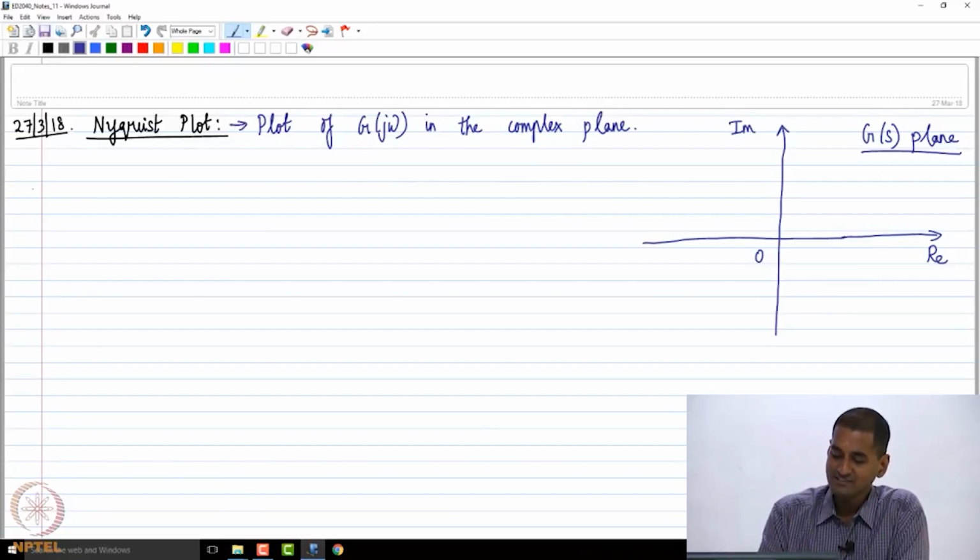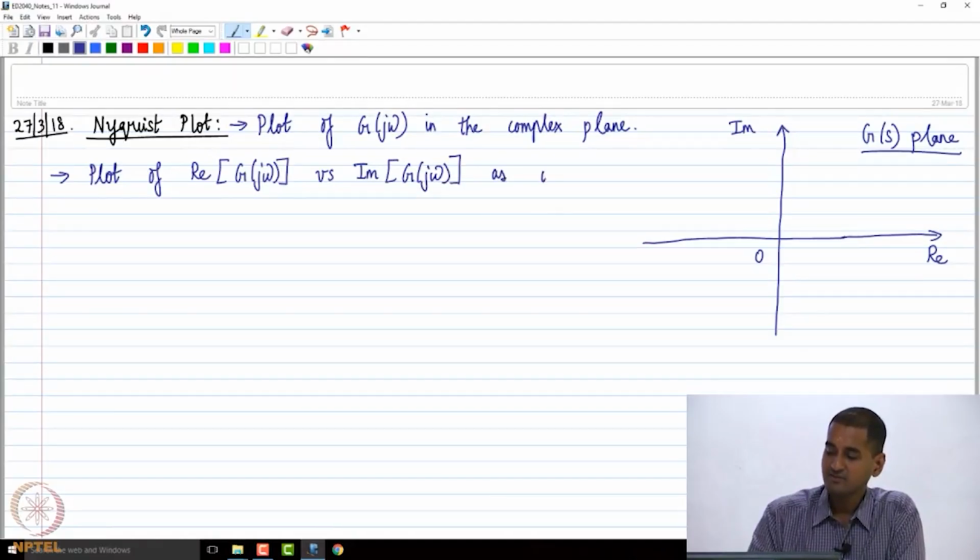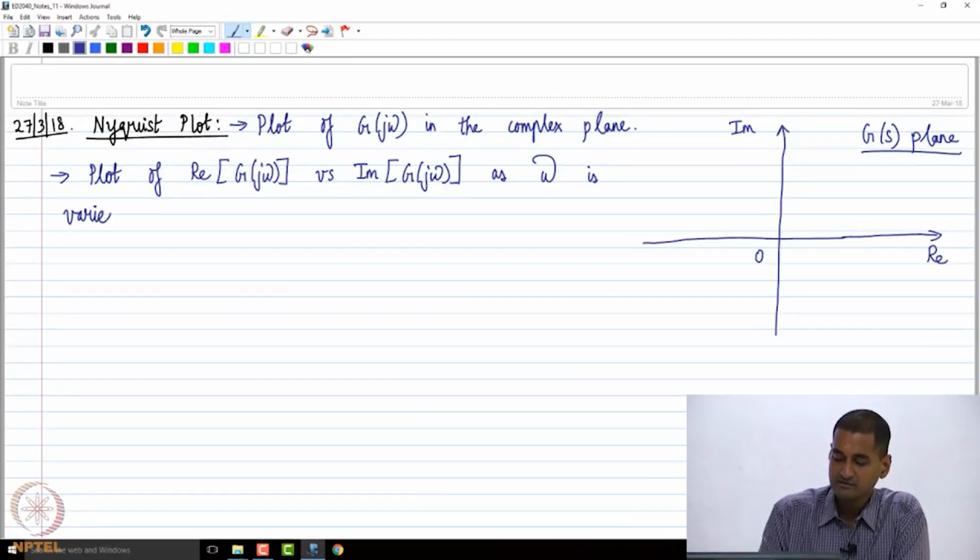People will call it the G of s plane or G of j omega plane and so on. So it is essentially the plot of the real part of G of j omega versus the imaginary part of G of j omega, as omega is varied from 0 to infinity.